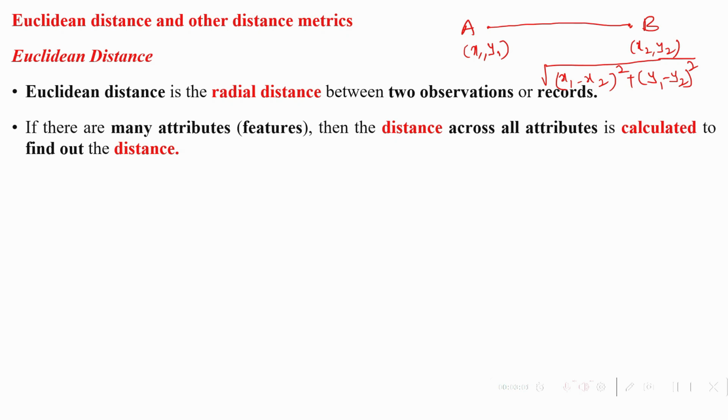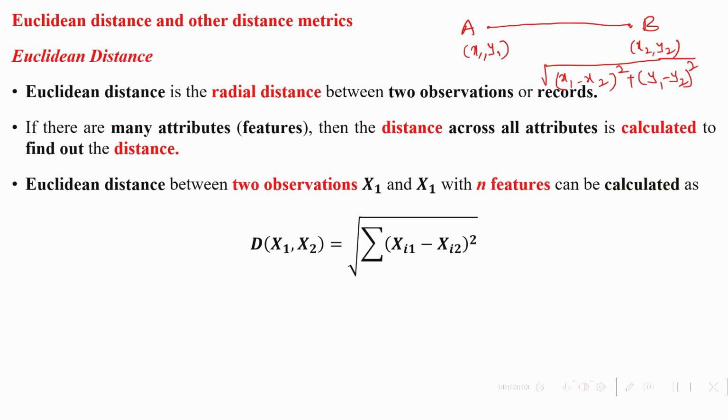So the Euclidean distance between two observations, x1 and x2, each containing n features, can be calculated as d(x1, x2) equal to the square root of the sum of (xi1 minus xi2) whole square. This is the formula to find the Euclidean distance between the two observations x1 and x2.